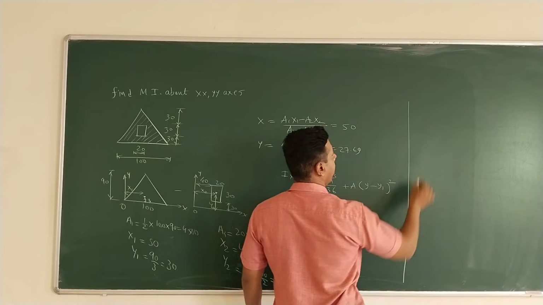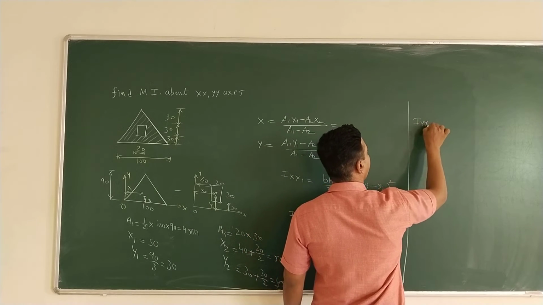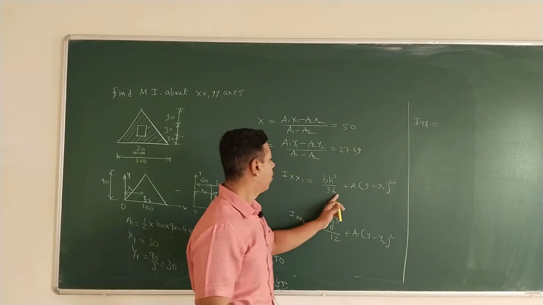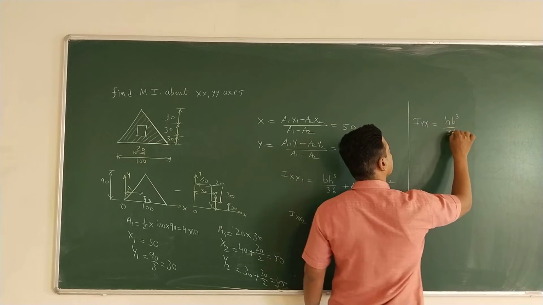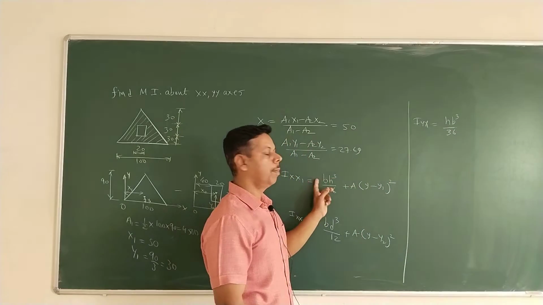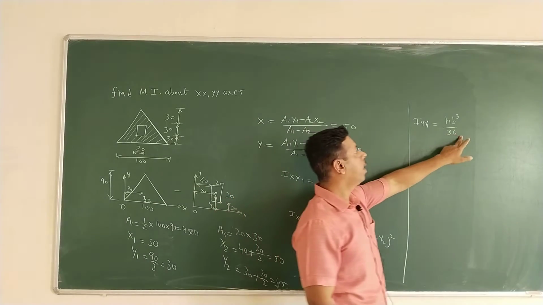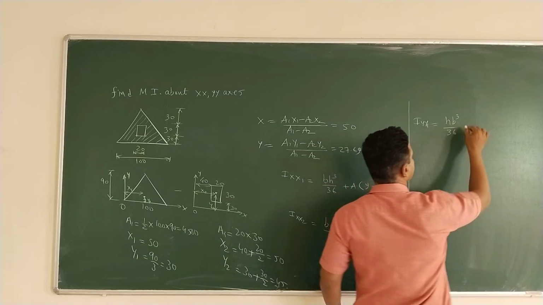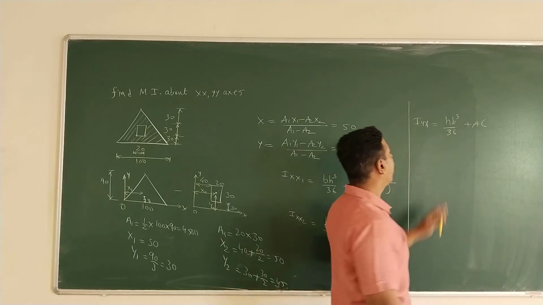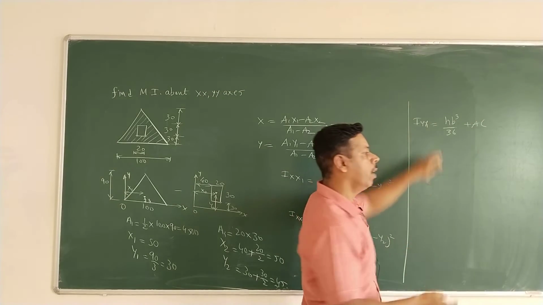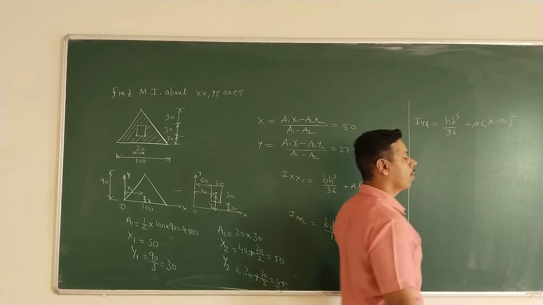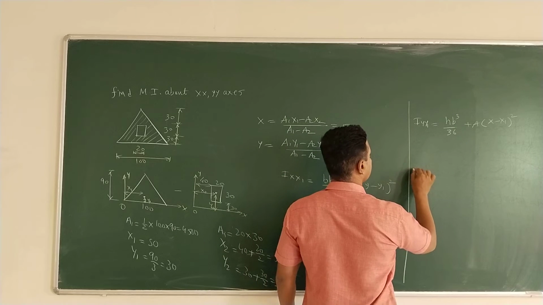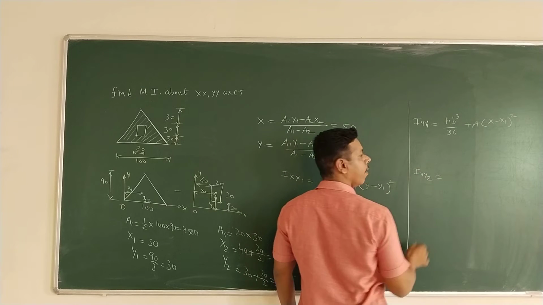And if we want to find Iyy1, for triangle, formula is reverse. Here it is BH cube by 36 and now it is HB cube upon 36 plus area. If we want to find Iyy1, here it will come x minus x1 and last square.